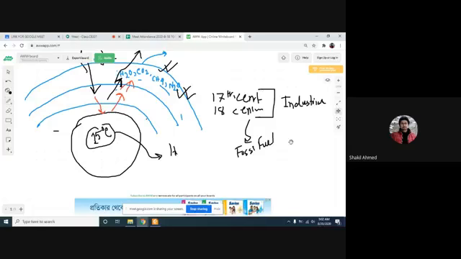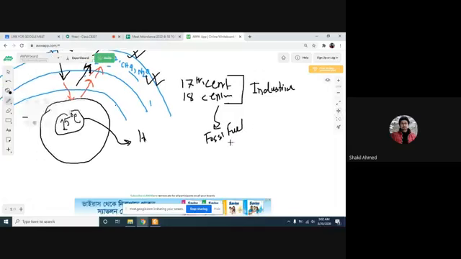And these are basically organic matter. So when you burn this fossil fuel in your car, in your industry, in your machines, then they emit carbon dioxide and other gases.